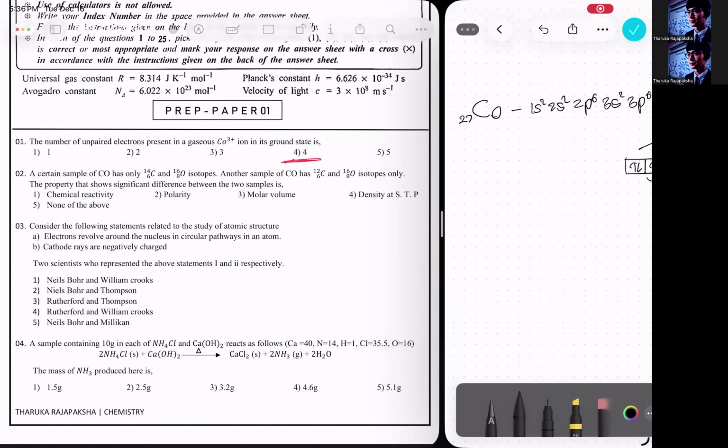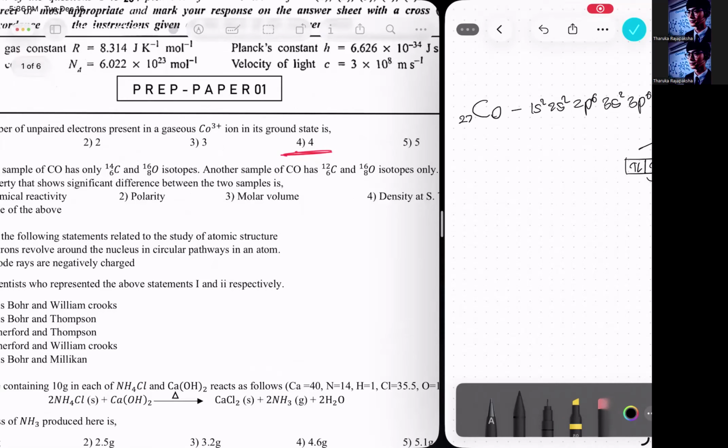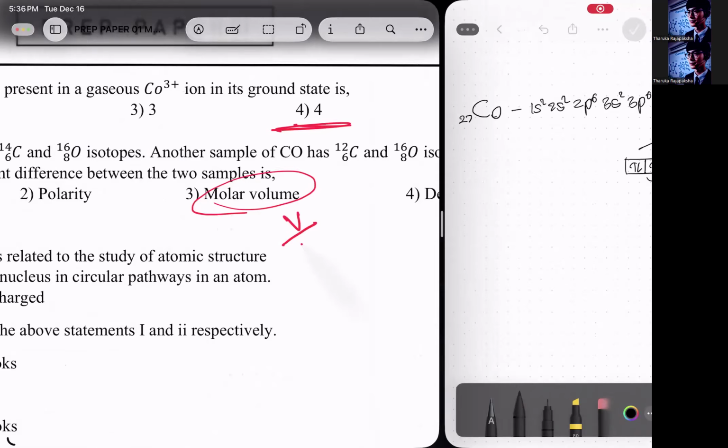Molar volume kya hai people? What is molar volume? Molar volume is, I told you this in the class, the volume of the gas divided by the number of moles, volume per unit number of moles. What is the volume of 1 mole of sample? That is molar volume. So people, that doesn't change.